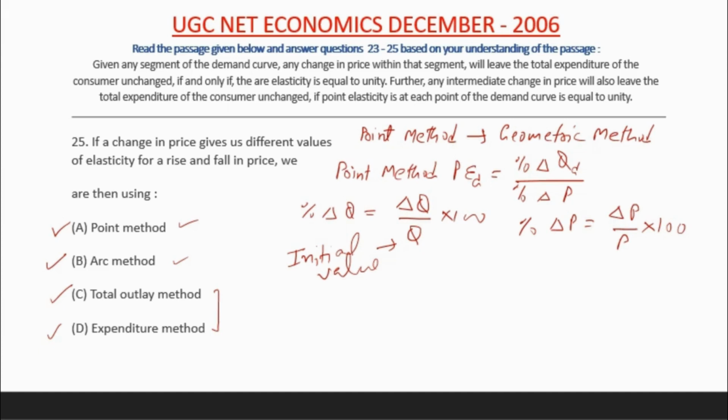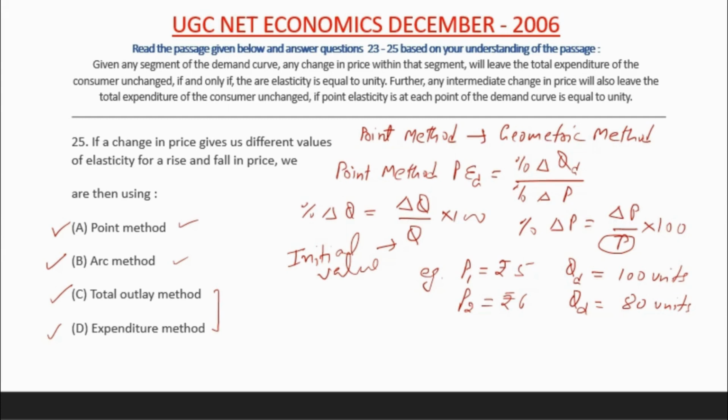Now in the question they are asking, if a change in price gives us different values. Change in price means, let's say for example, at a price of rupees 5, quantity demanded is let's say 100 units. When price increases to rupees 6 per unit, quantity demanded decreases to let's say 80 units. Now if you apply the point method, what will you do?